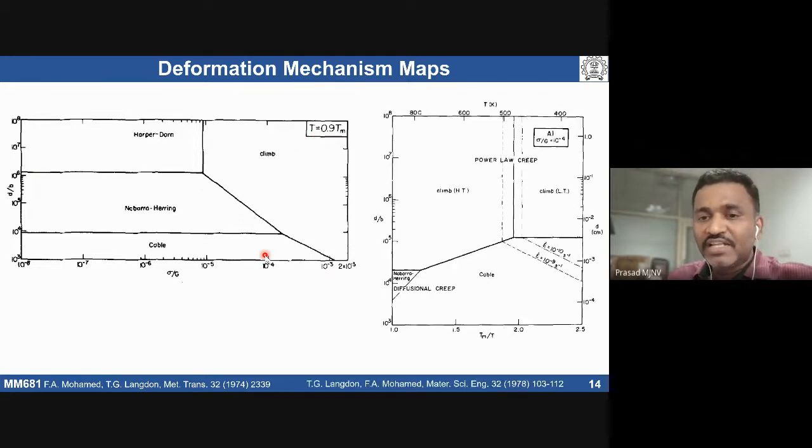Another way is d by b versus Tm by T, maintaining a constant stress, where we have this kind of boundaries. These are very different ways of representing the domains of different mechanisms which can take place as a function of some variables.